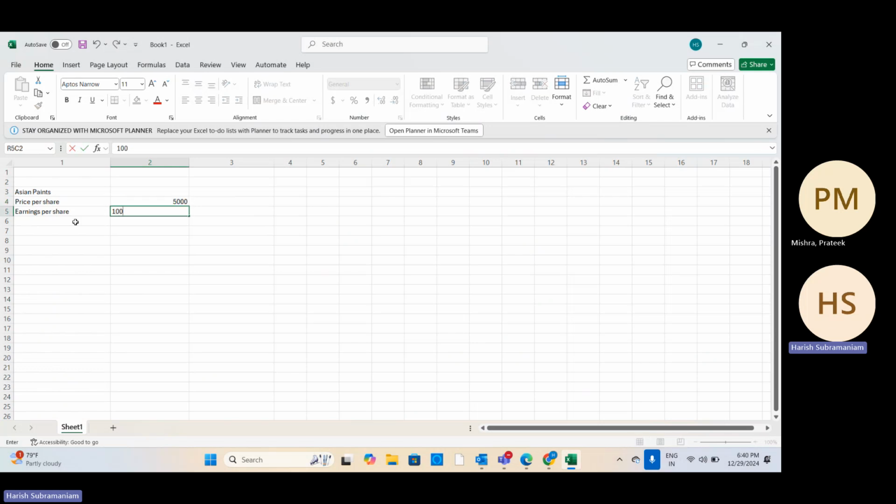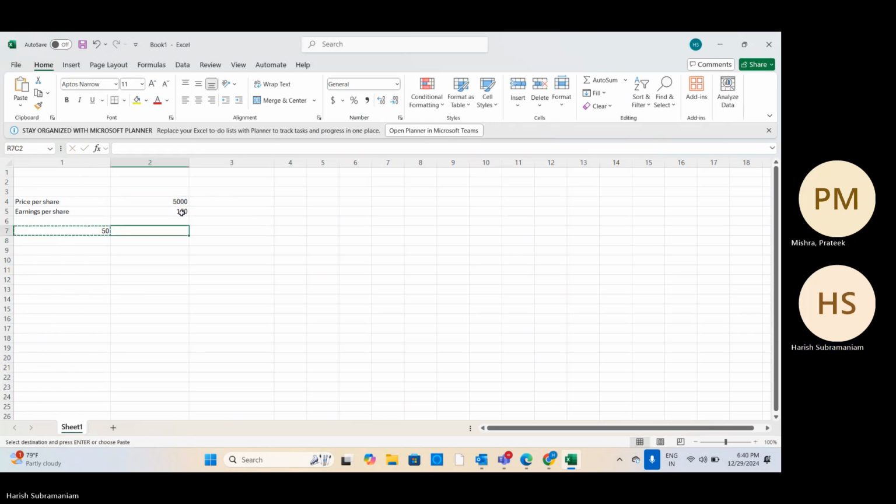The earnings per share is 100, right? So in order to buy a company which has earnings of 100, you are actually paying a price of 5,000. So what is this price to earnings? This is nothing but this by this. This is one of the most important ratios that exist, and we should understand this very, very clearly.